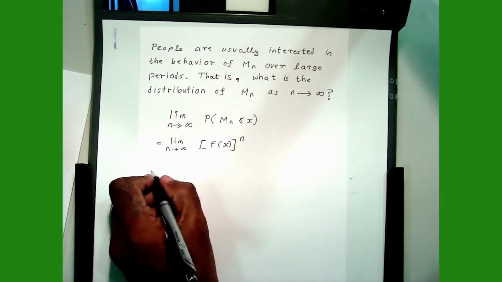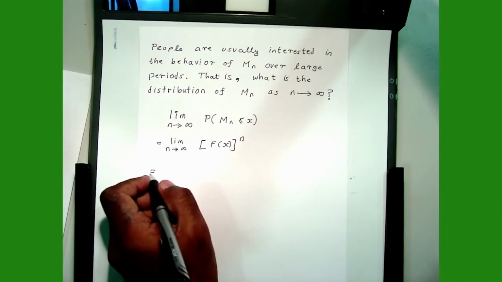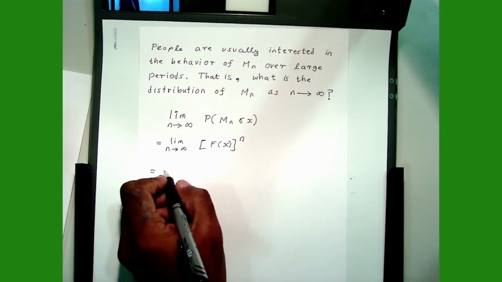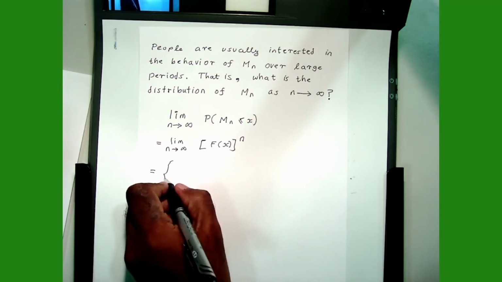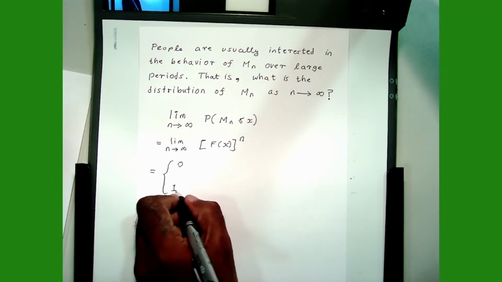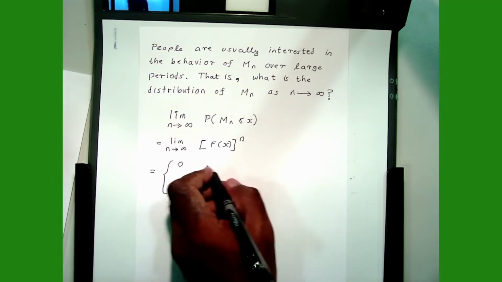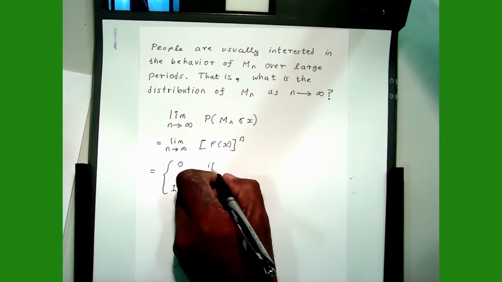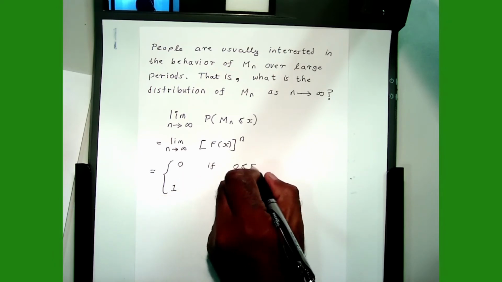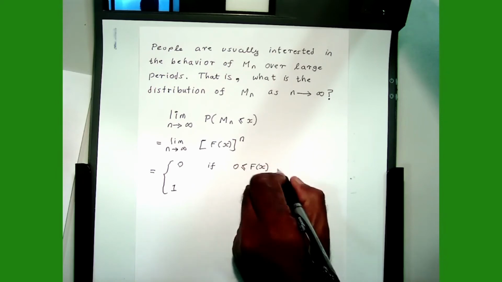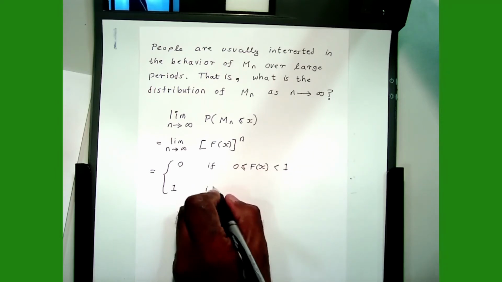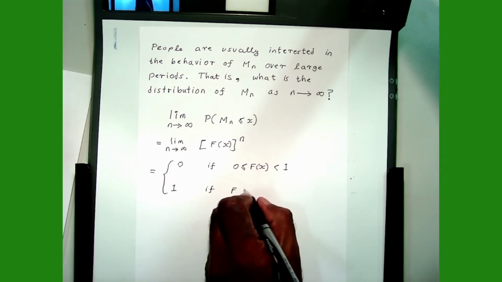I'm sure all of you guys are experts in calculus, so you know what the limit of this is. It can take two values, 0 or 1. It is 0 if F of x is between 0 and 1, excluding 1, and 1 if F of x is equal to 1.